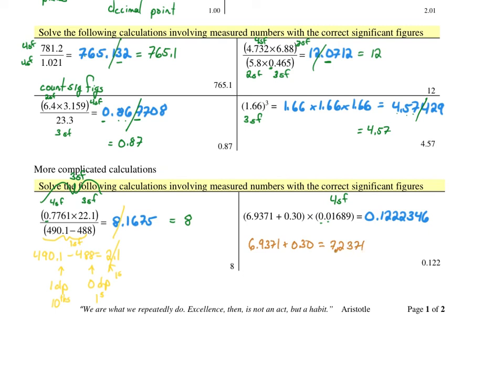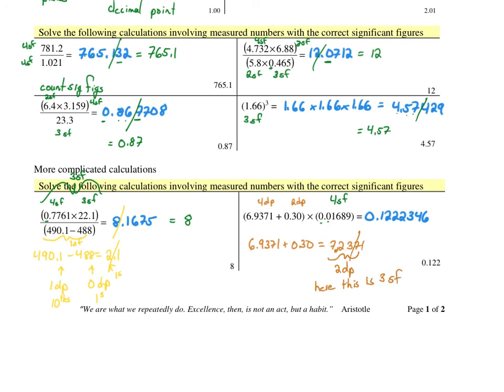Now we look at our decimal places. Here, in this first number, we have 4 decimal places. This number, we only have 2 decimal places. The result can justify 2 decimal places, and 2 decimal places for this number is going to result in 3 sig figs.